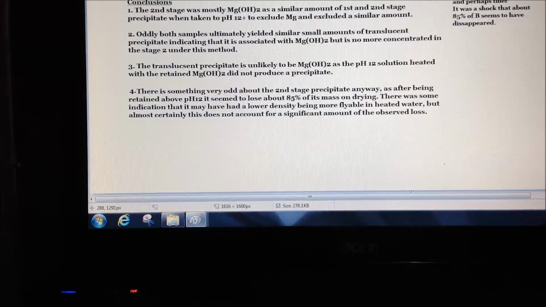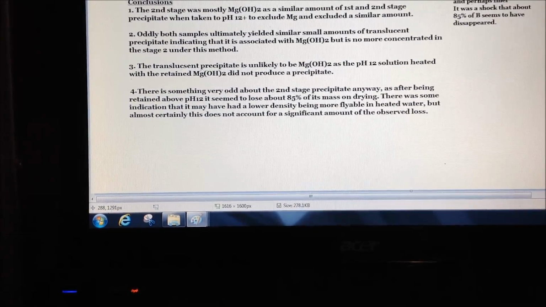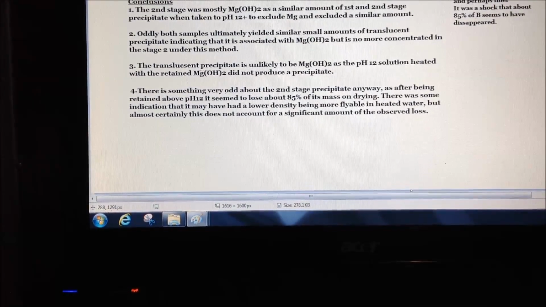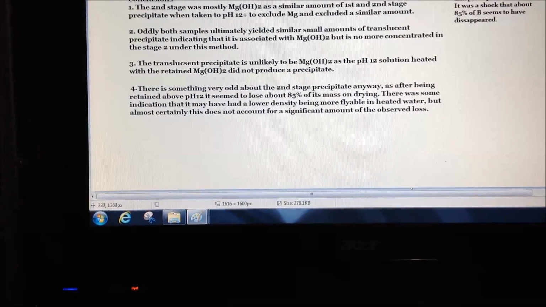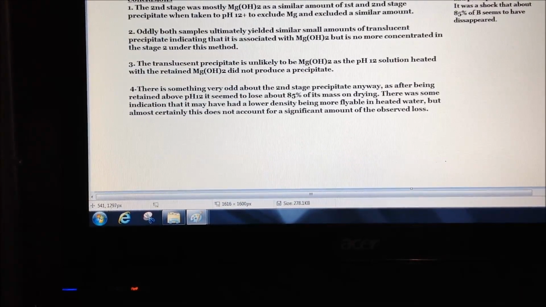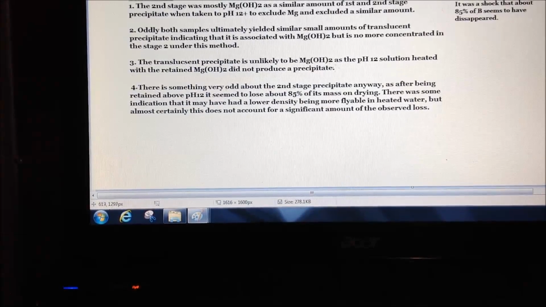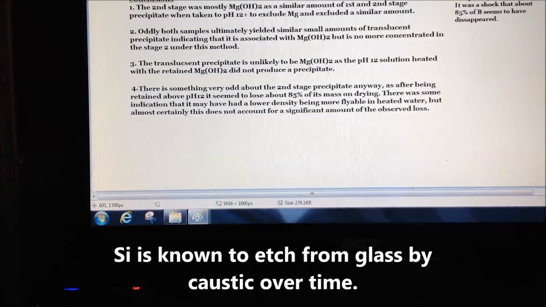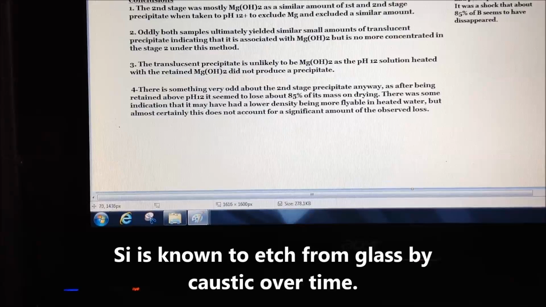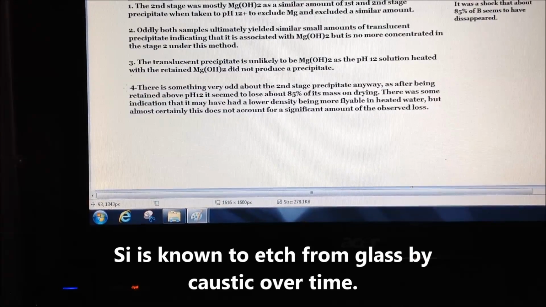So my conclusion is that the translucent precipitate is not magnesium hydroxide. Fourth, it would also be unlikely to be silicon or anything like that, because heating it would be more likely to produce that element in solution.